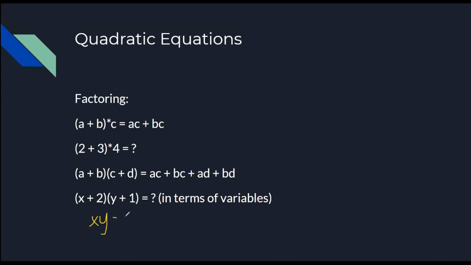Okay, remember, you're not just multiplying the first and then the last elements. You're going to have to multiply every element from this set of parentheses with every element from the other set. So you have 2 elements in this one, 2 elements in that one. That'll give you 4 combinations.